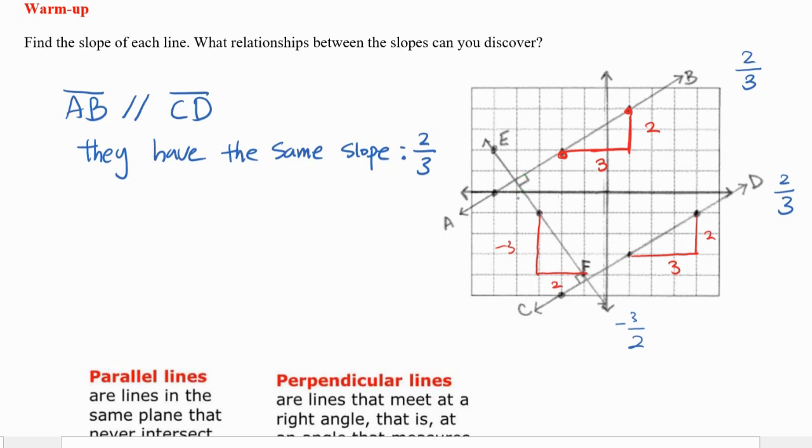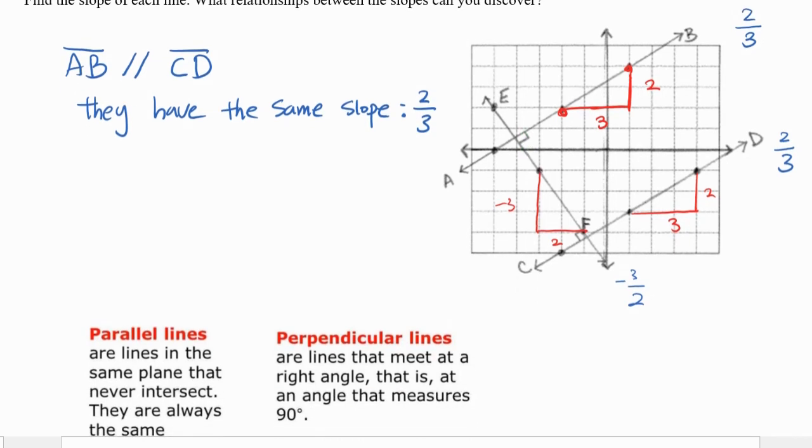So if two lines meet at a right angle, we say it's perpendicular. So AB and EF are perpendicular lines. Also, CD and EF, they are meeting at a right angle, so they are perpendicular too.